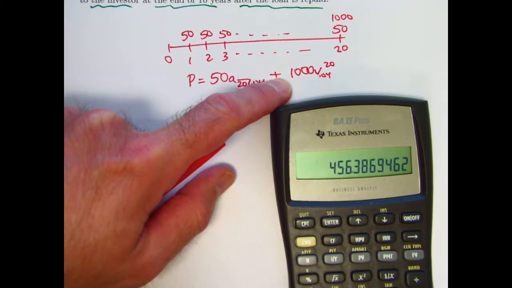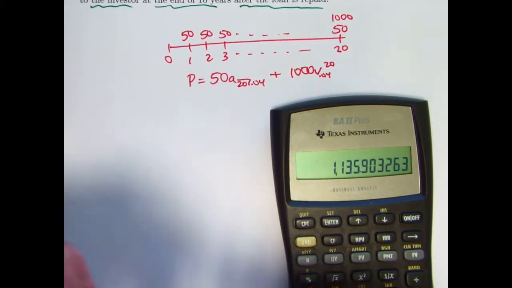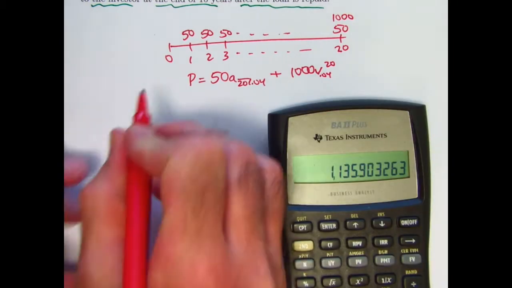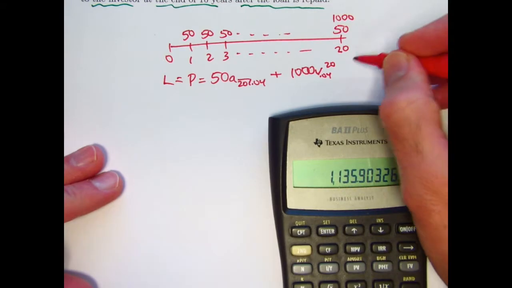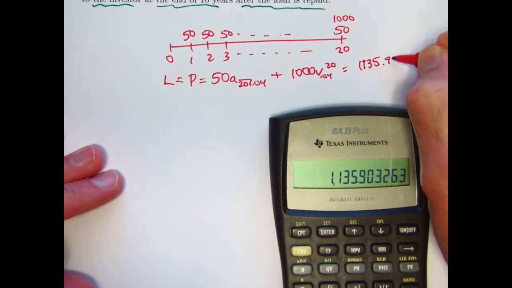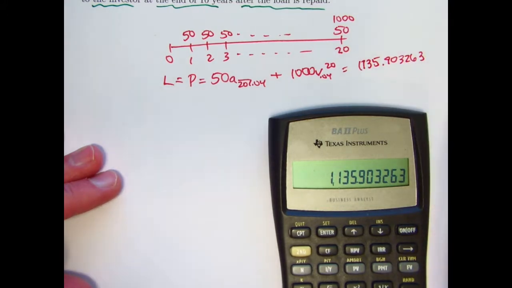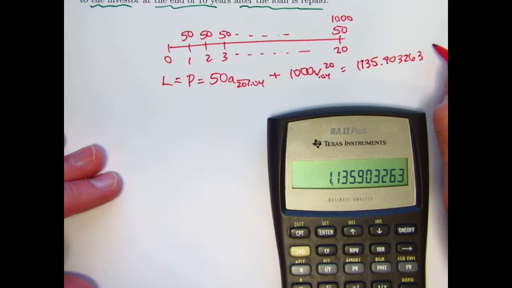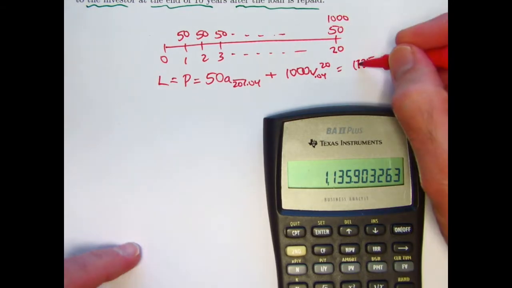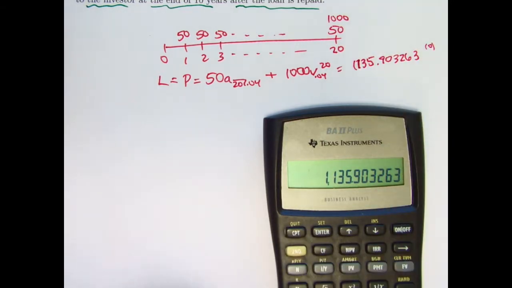Add that to register 1. The price of the bond, which is going to be the same as the loan amount, is about 1135.90. Let me keep more decimals, as is my habit, to play it safe. I'll store this in register 0. So that's the amount she's got to borrow.